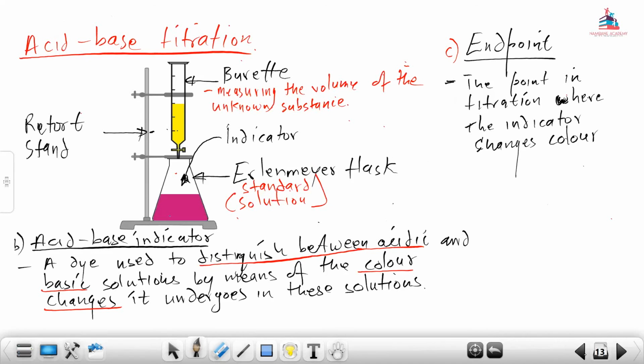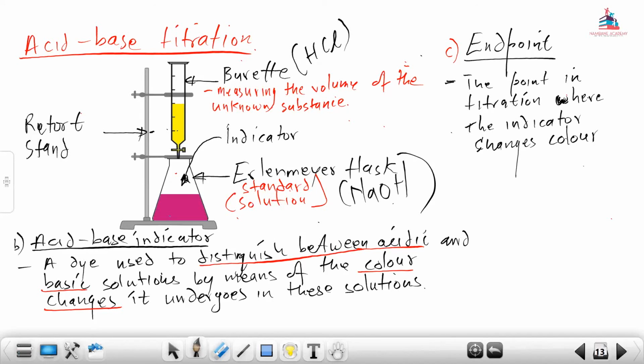So for instance, if in here I have now HCl and in here I have sodium hydroxide, what is the relevant indicator that I need? I must remember the MBP, my beautiful princess: methyl orange, bromothymol blue, phenolphthalein.